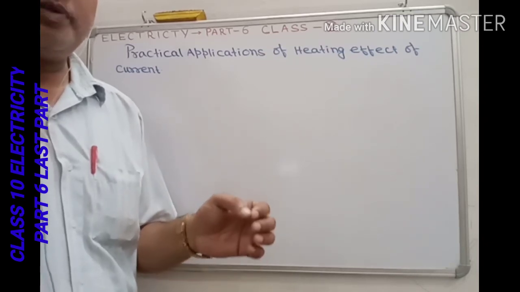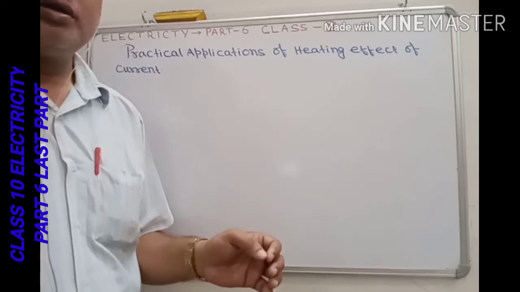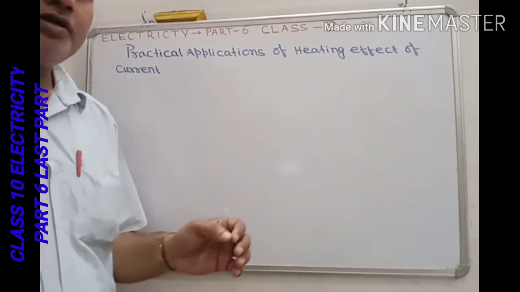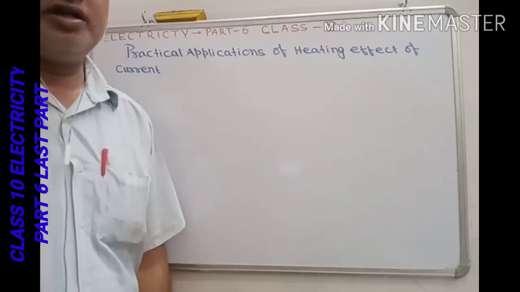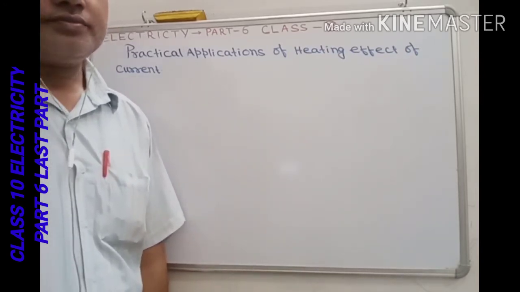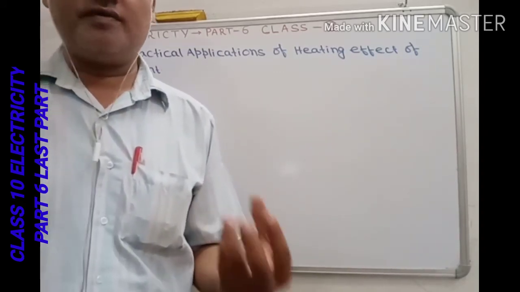So a special metal, tungsten, is used in it, because the melting point of tungsten is 3380 degree Celsius. So in this heat the tungsten survives.